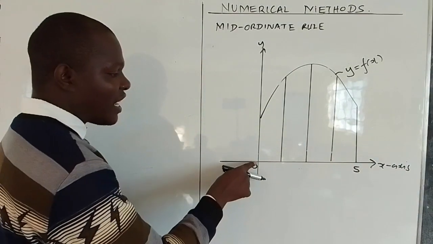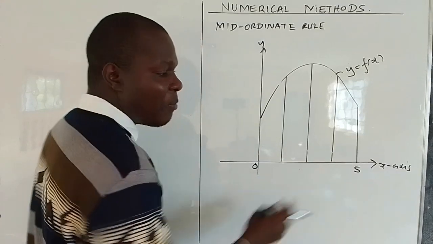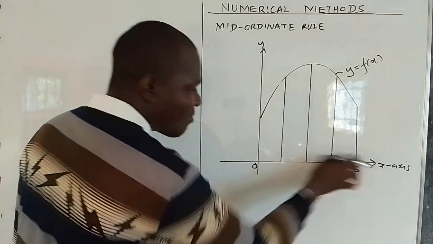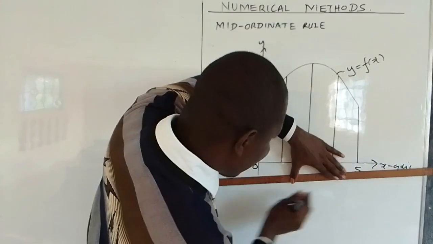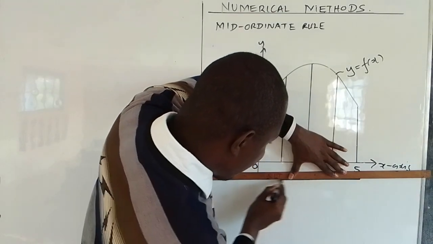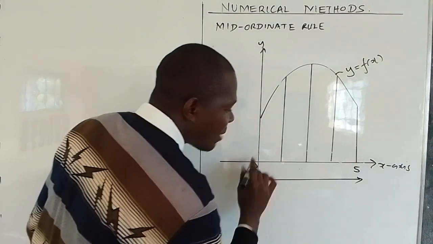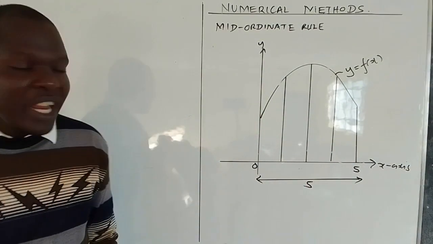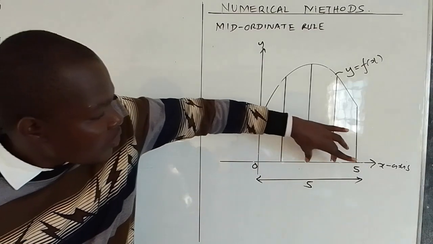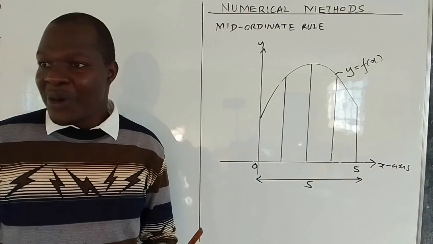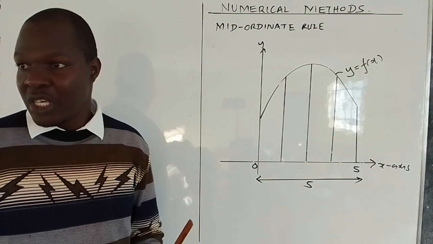So you see, here you are starting from 0 to 5, meaning the whole of this interval is 5 minus 0, the whole of this length, this range, isn't it? From here up to here, what is that range? 5 minus 0, meaning it is? Meaning this 5 must be divided into 4 equal parts, or 4 equal intervals, isn't it?